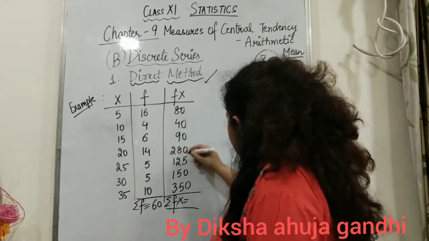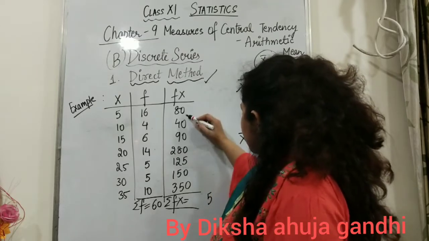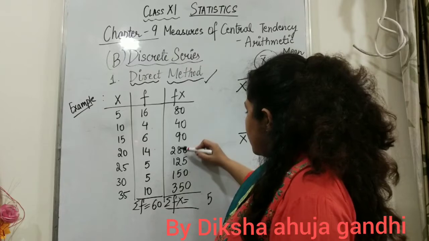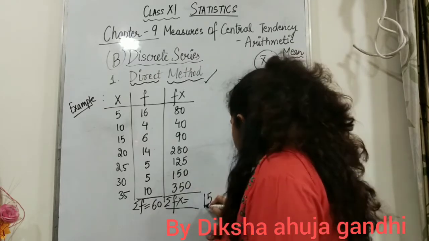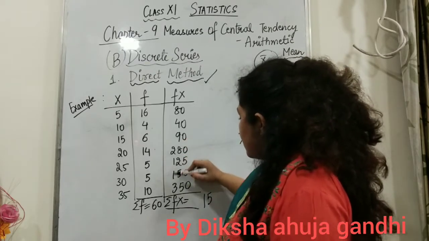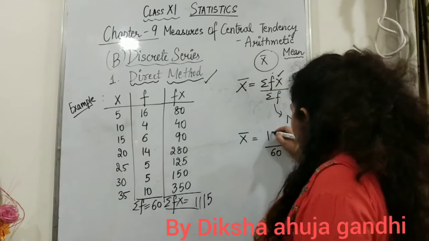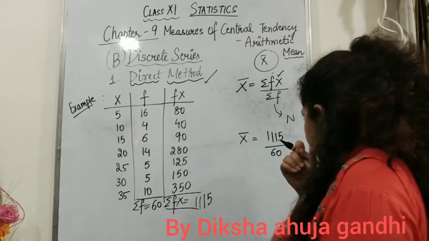So add: 5, 8, 4, 12, 20, 29, 31, 41, 4, 6, 9, 11. So 1115 is the total. So 1115 upon 60.